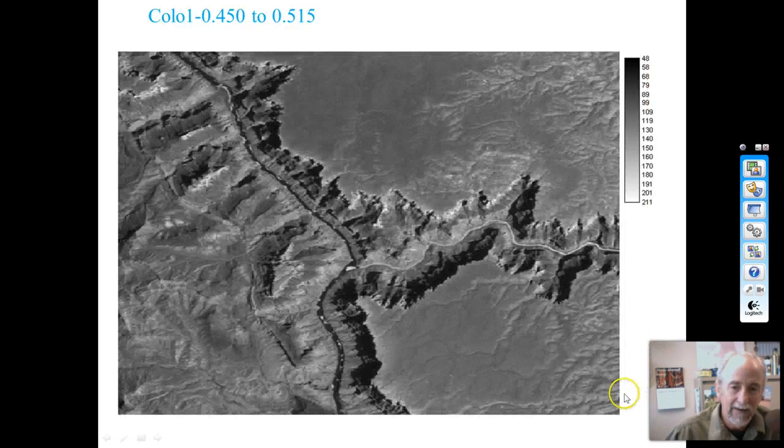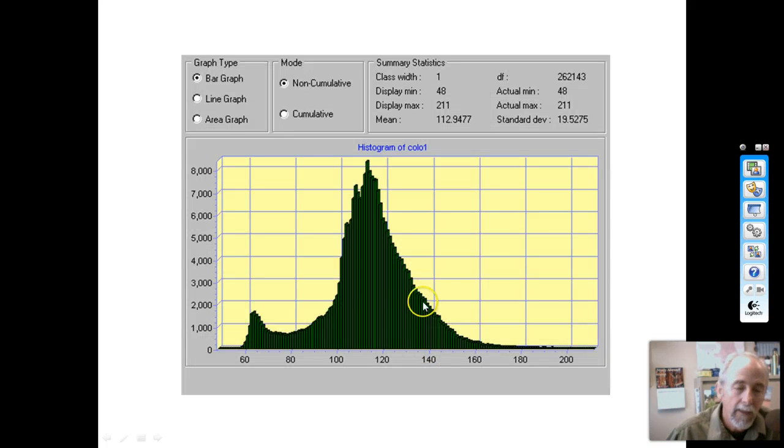This is canyon land, right? And so here's the Little Colorado and the Colorado, and this is in channel 1, which is the visible blue, and you can see the Little Colorado looks quite reflective, and the Colorado is fairly dark, even in the blue. It's fairly clear.